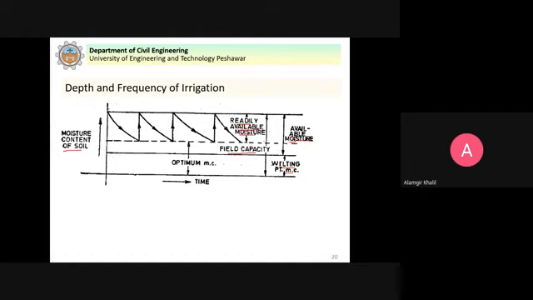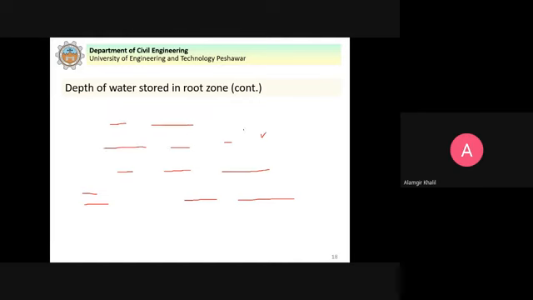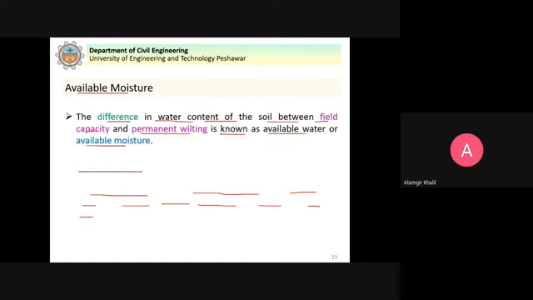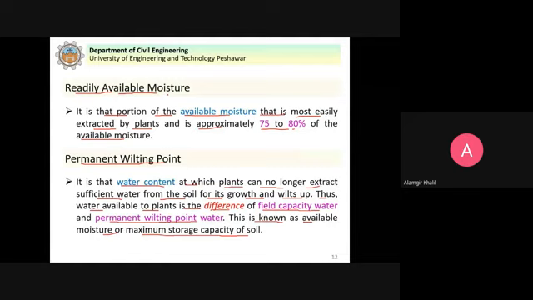It is that part of the available moisture content which is easily extracted by the crops for their growth, which is easily extracted by plant roots. Clear? Readily available moisture. This is what we define it here. Readily available moisture is that portion of available moisture that is most easily extracted by plants and is approximately 75 to 80% of the available moisture.